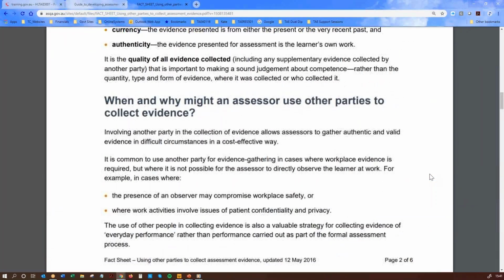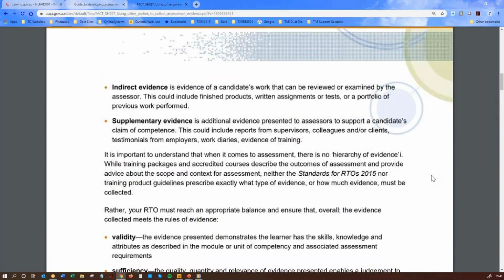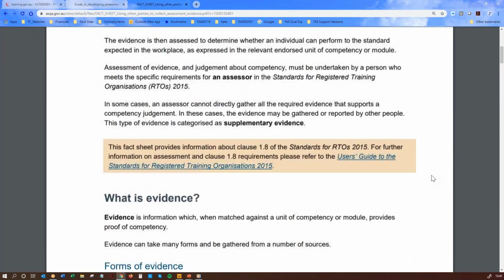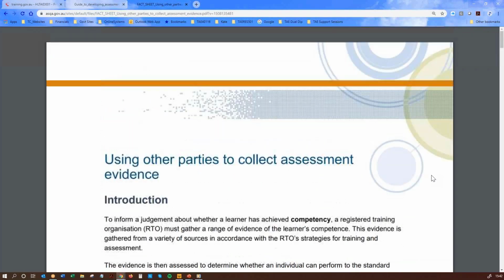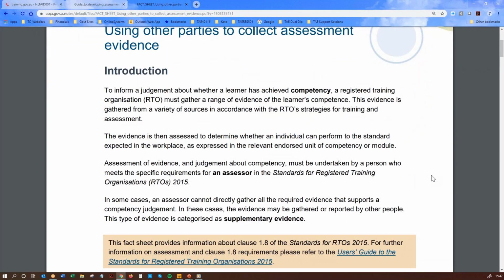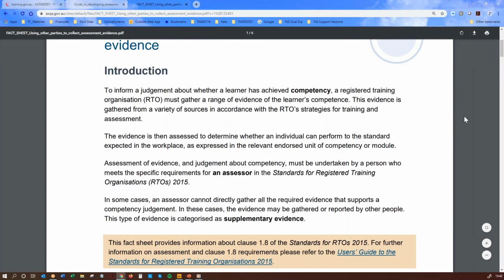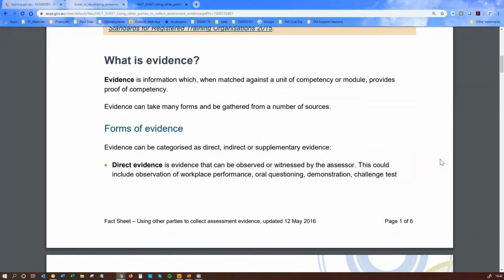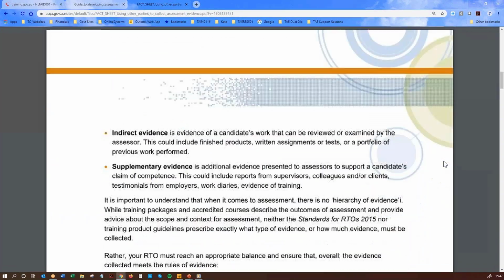So if you were a disability carer and you had an observation of a task to be done in the home of a patient while you're doing some daily care activities, you wouldn't necessarily want the assessor there watching that happening, and you might just have a supervisor who can observe that happening at the same time. So there are some guidelines about how to make it more robust and making sure that the evidence is still strong as if it was direct evidence.